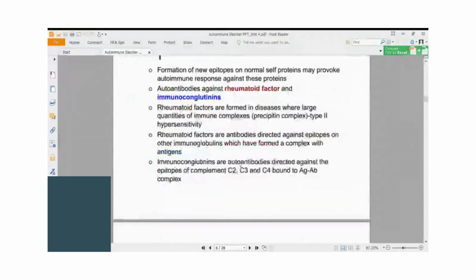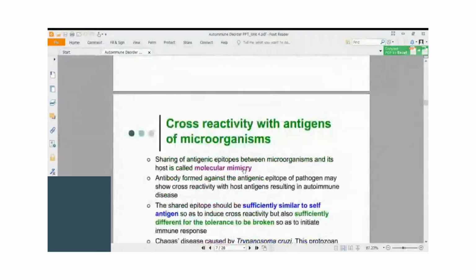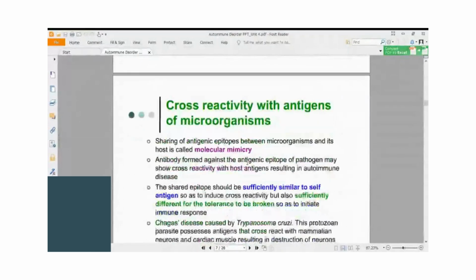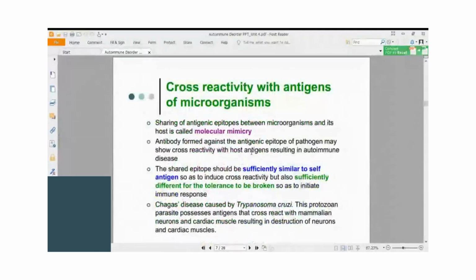Okay, now we will move on to the other one, that is molecular mimicry or cross reactivity of the antigens of microorganism origin, which initiate the antibody production, but those antibodies will cross-react with the antigens of your cells. Here the reason is that the epitopes of the microbial antigens share the same domains with the epitopes of the self antigens.